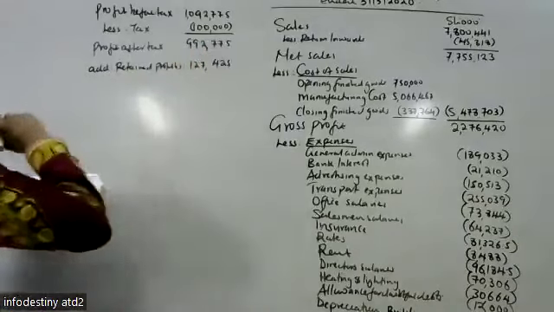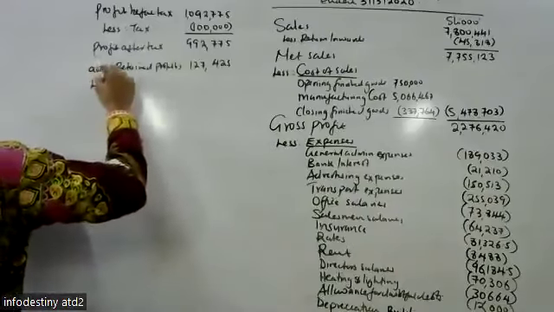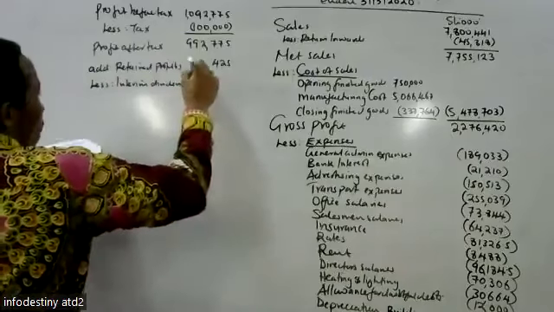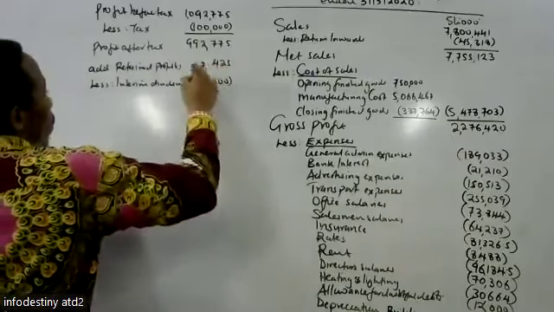Then lastly, less the interim dividends which were paid, 30,000.